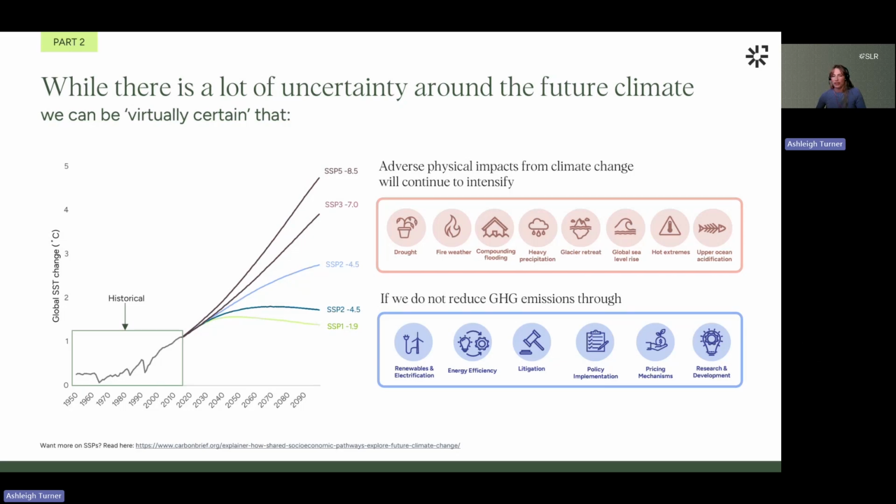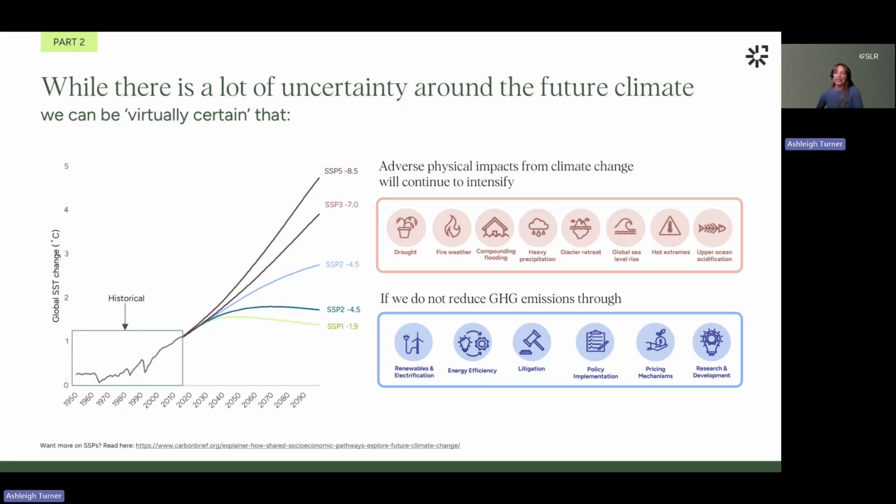And then on the other side, we have the transition risk. If the world does move to reduce emissions, the mechanisms that drive that transition create a different set of risks and opportunities. So policy changes, implementation of carbon pricing, technology shifts, things like litigation, these are the transition risk drivers.